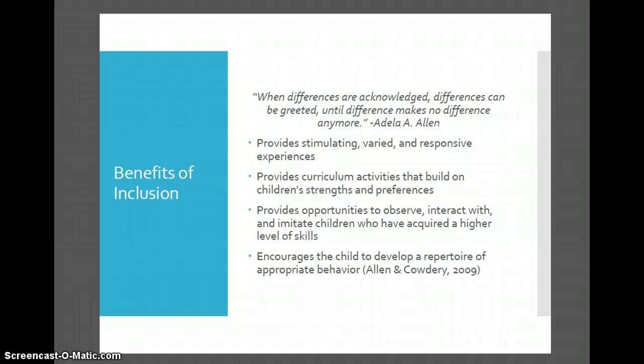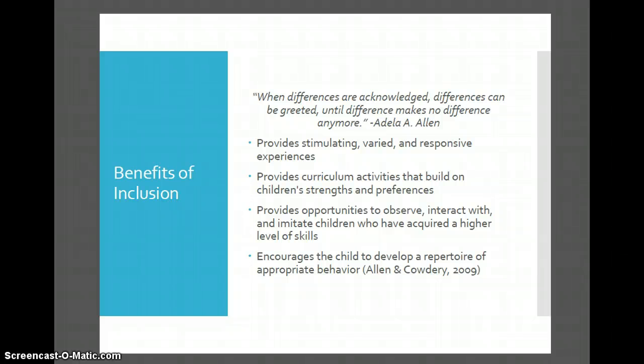And lastly, to build upon that, an inclusive environment encourages the child to develop a repertoire of appropriate behavior, right? So a child who is spending time in an inclusive environment is seeing typically developing children demonstrate appropriate behavior and is becoming interested in developing those appropriate types of behavior because, as we know, choosing and knowing appropriate behavior, knowing those social norms, comes from social experience.